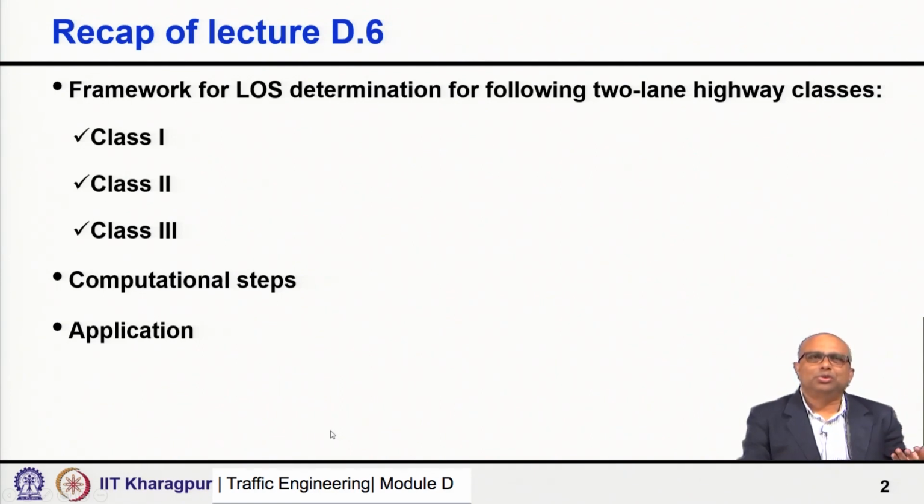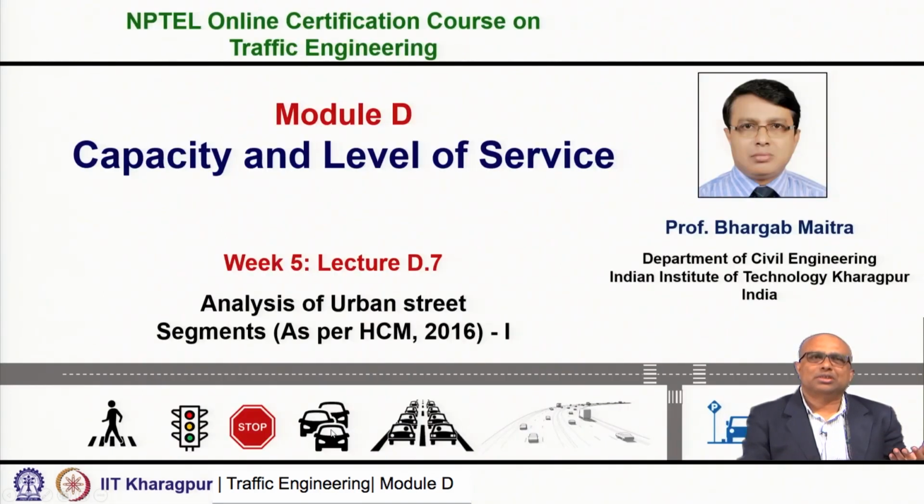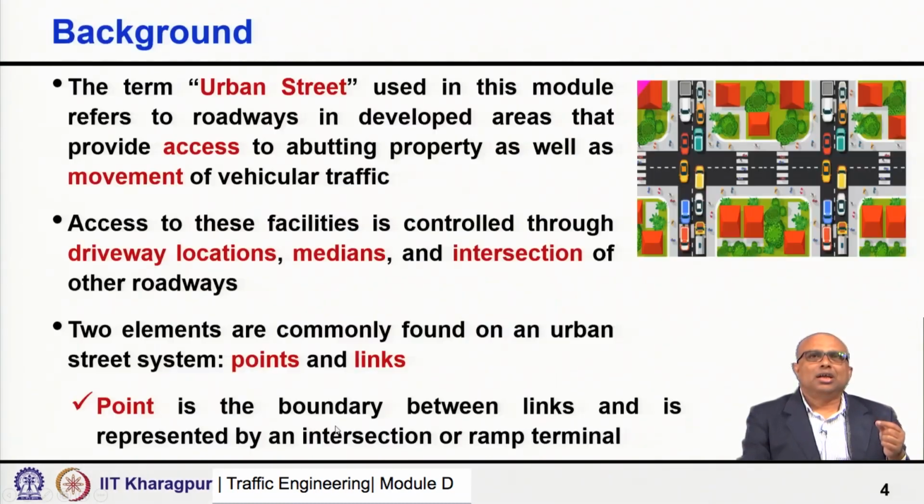With this background, today we are going to discuss a different type of facility, that is urban streets, and specifically urban street segments. Now, the term urban street is used to refer to roadways, particularly in developed areas, that provide access to abutting properties.